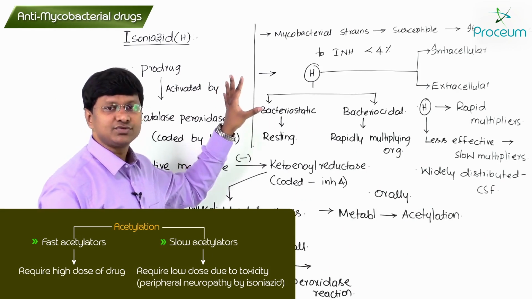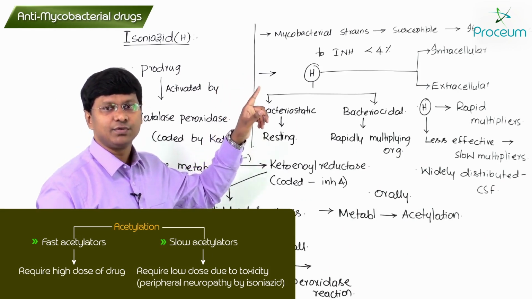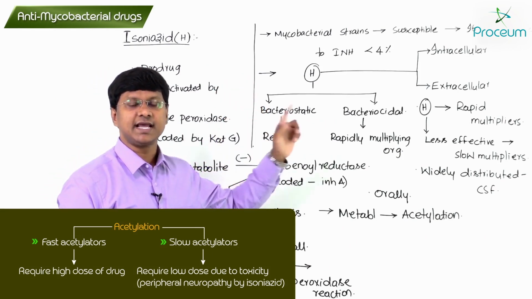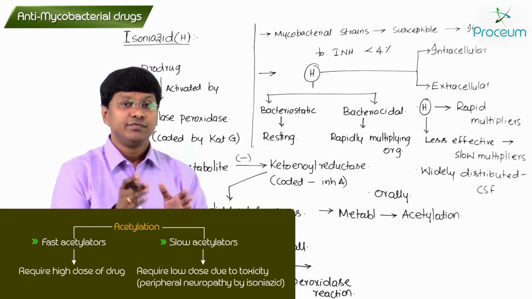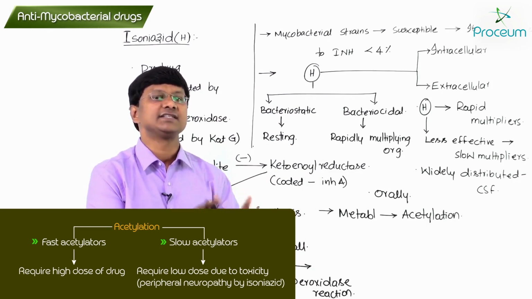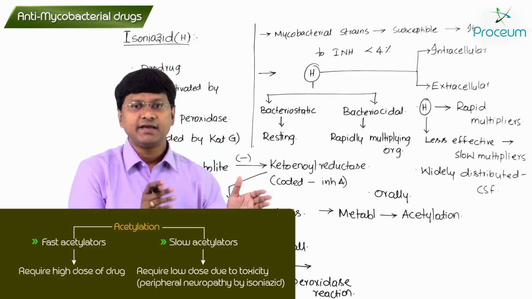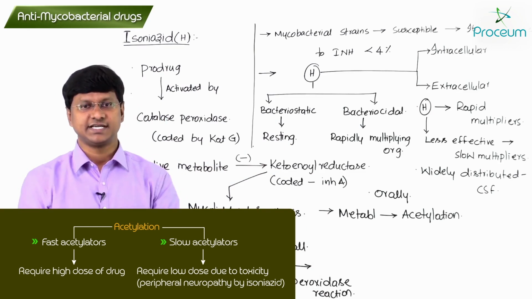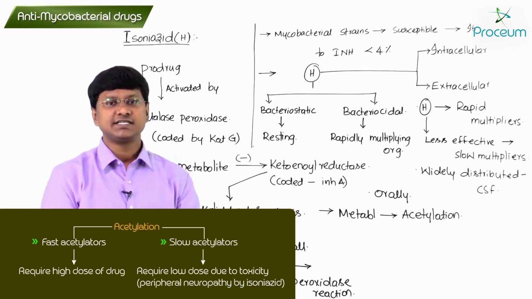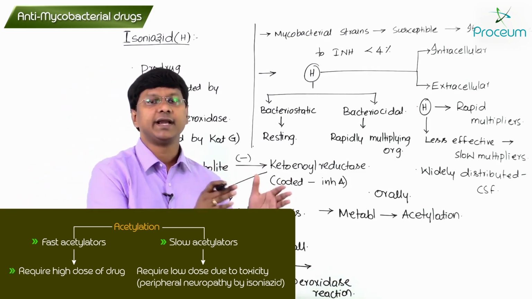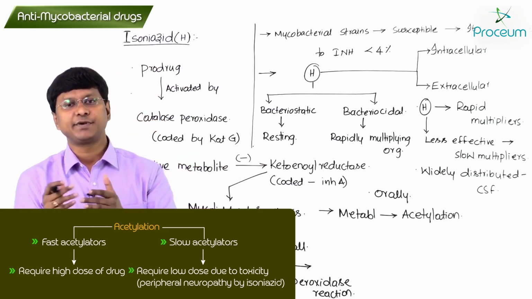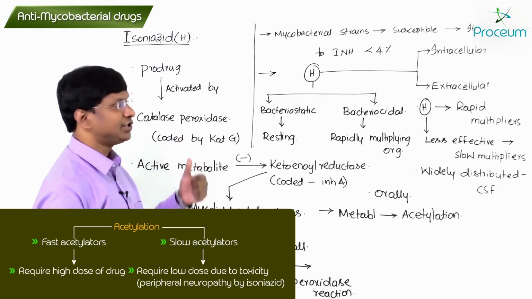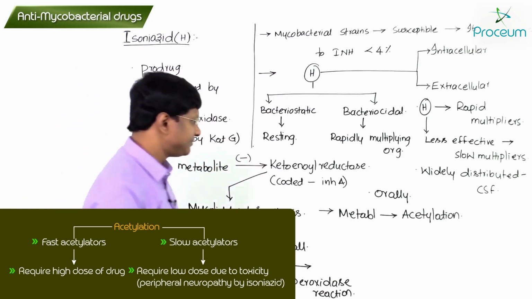Isoniazid can undergo fast acetylation as well as slow acetylation. That means we have a group of individuals who are fast acetylators and a group who are slow acetylators. Fast acetylators require a high dose of isoniazid, whereas slow acetylators are predisposed to the toxicity of isoniazid.